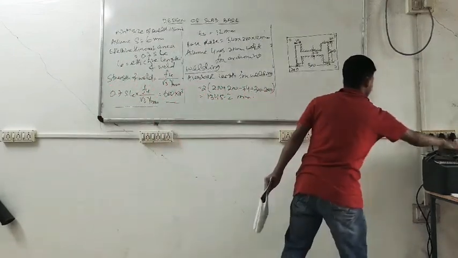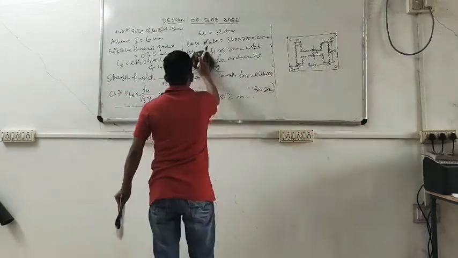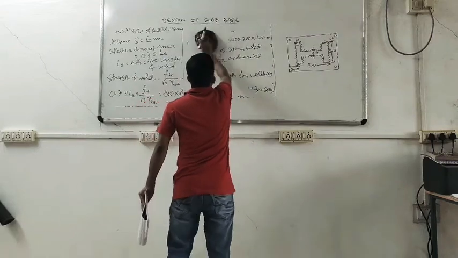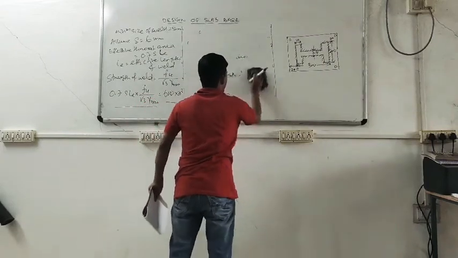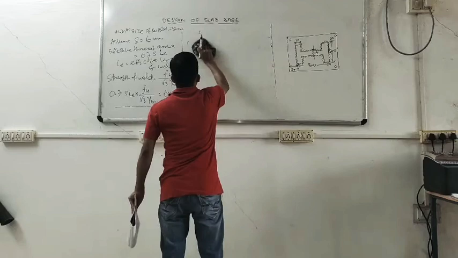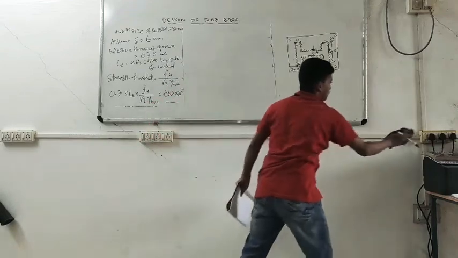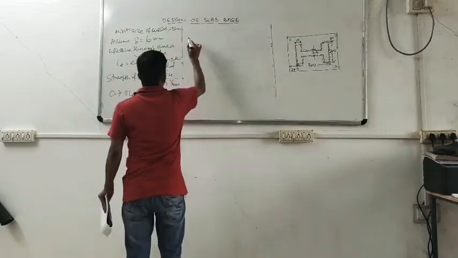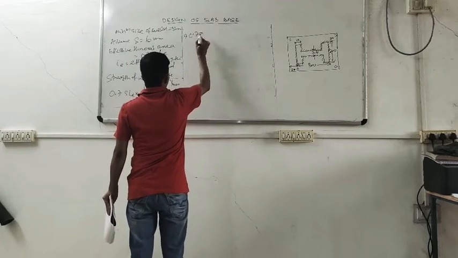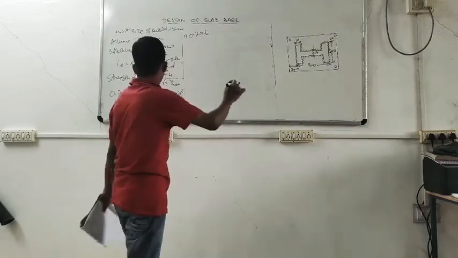If you put in the values: 0.7 into the size of weld, we have assumed 6 mm.